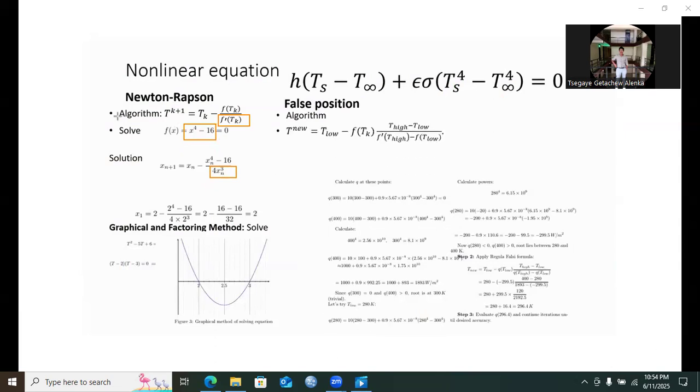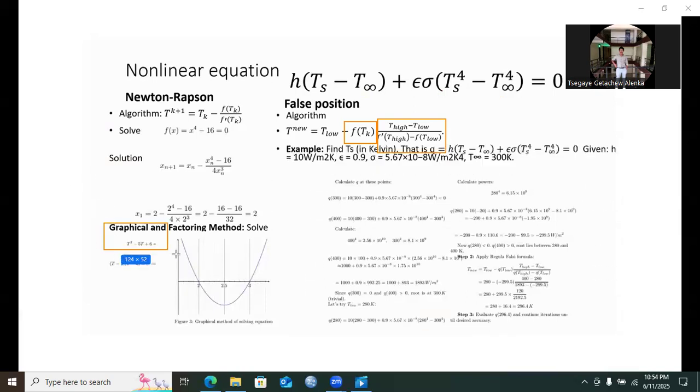False position appears similar to it. It accelerates convergence by multiplying the ratio of the Newton-Raphson equation with some weight. Other methods of solving nonlinear equations use graphical approaches. See what it is.